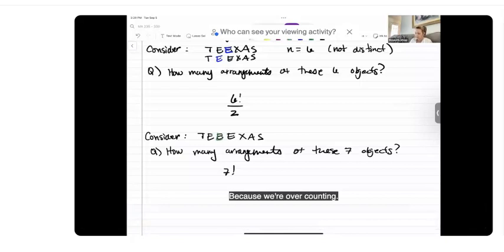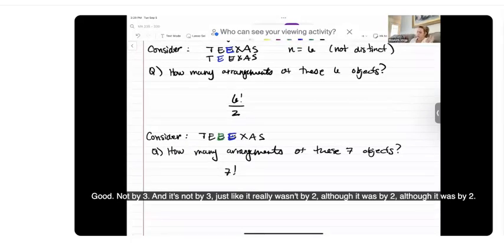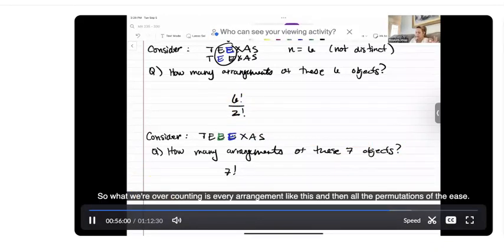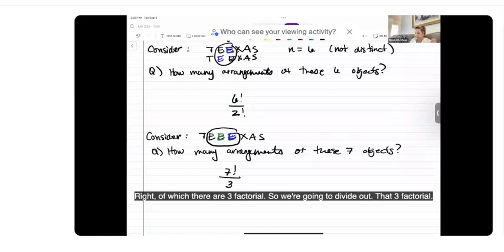Because we're overcounting by how many? Good. It's not by 3. And see, it's not by 3, just like it really wasn't by 2, although it was by 2. It was by all the permutations of those 2 letters, which happened to be 2 because 2 factorial is 2. So what we're overcounting is every arrangement like this and then all the permutations of the E's, right? Of which there are 3 factorial. So we're going to divide out that 3 factorial.